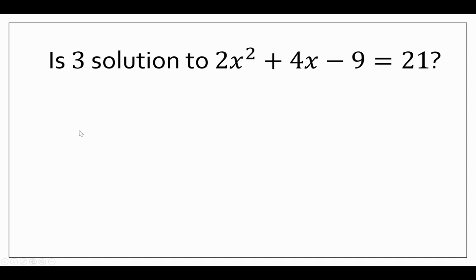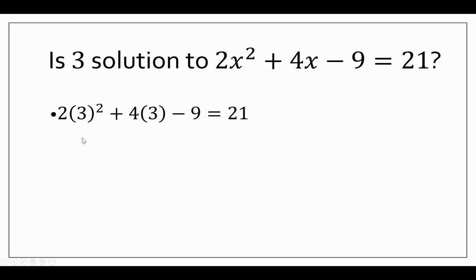A couple of the other problems you'll have is a solution to 2x squared plus 4x minus 9 equals 21. So basically the question is, does 3 make this equivalent? So we're going to substitute 3 in place of the x. So we rewrite first: 2 times 3 squared plus 4 times 3 minus 9 equals 21.